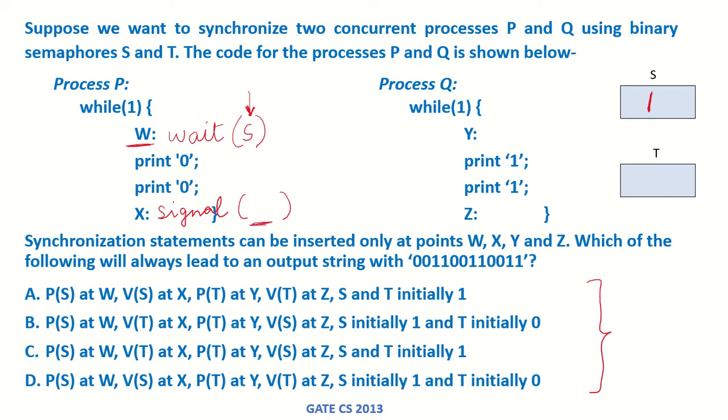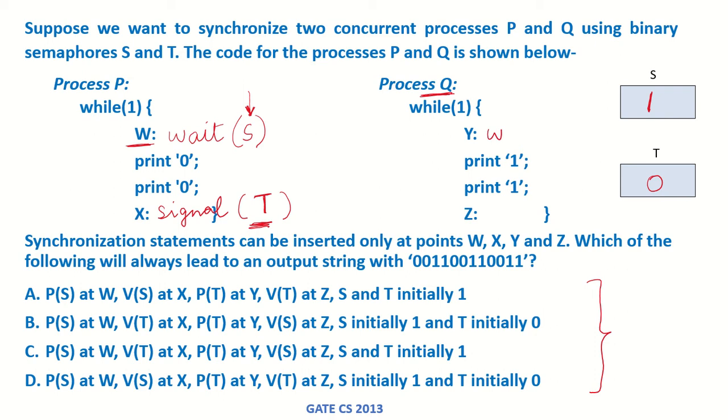Now this semaphore should be the one for which process Q is waiting, because then only process Q can run after process P. So let's say this semaphore was T. The initial value of T should be 0.